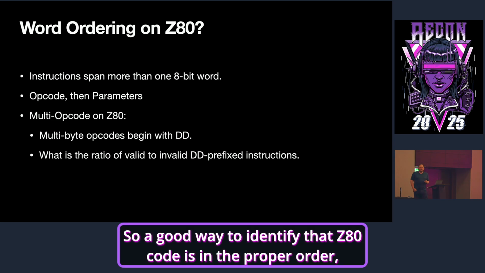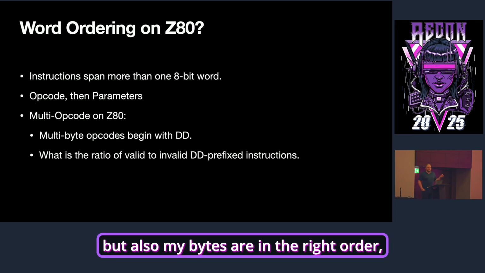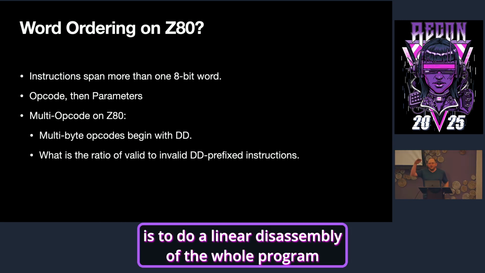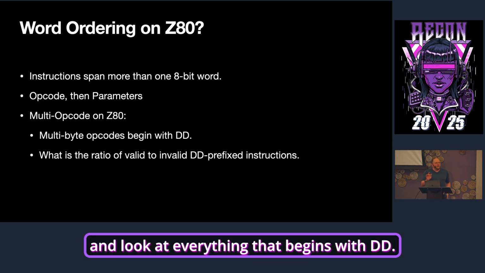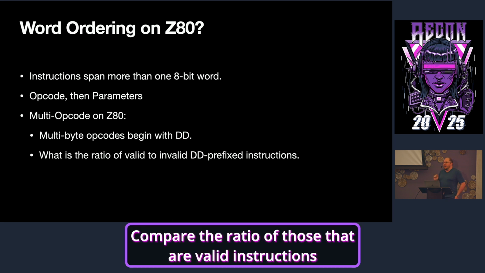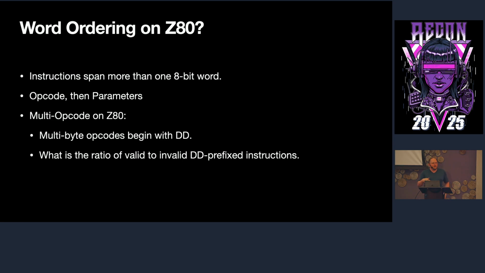So a good way to identify that Z80 code is in the proper order, meaning that not only are my bits in the right order, but also my bytes are in the right order, is to do a linear disassembly of the whole program and look at everything that begins with DD. Compare the ratio of those that are valid instructions to those that are invalid instructions.